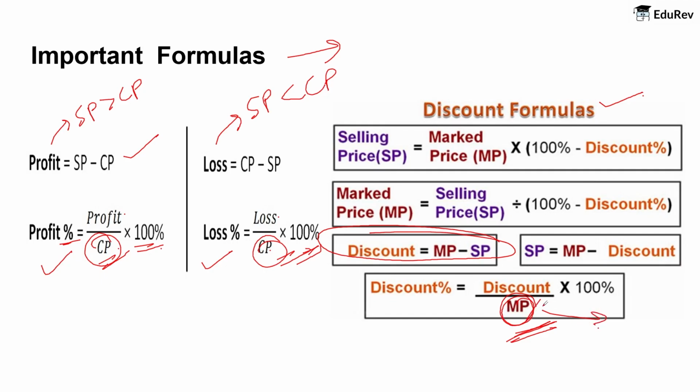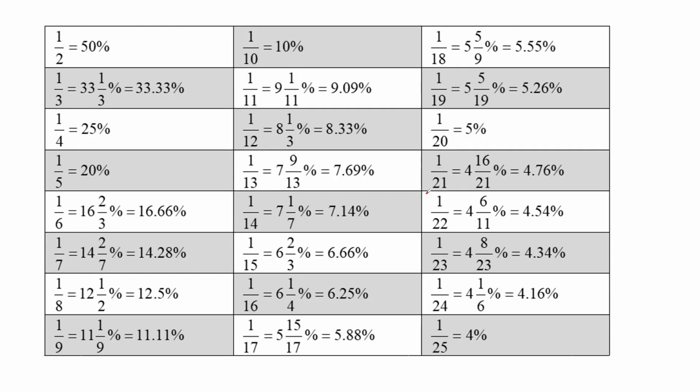So it can be mark price or MRP, one and the same thing. So discount percentage will be discount upon MRP into 100. It is not discount upon cost price. Please be very, very careful about this. So these two important formulas. So we have discussed three important formulas which we are going to use in the further questions.